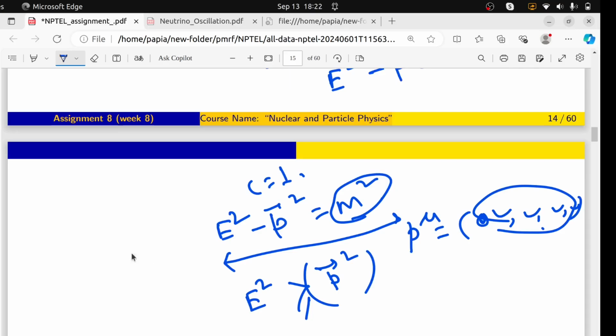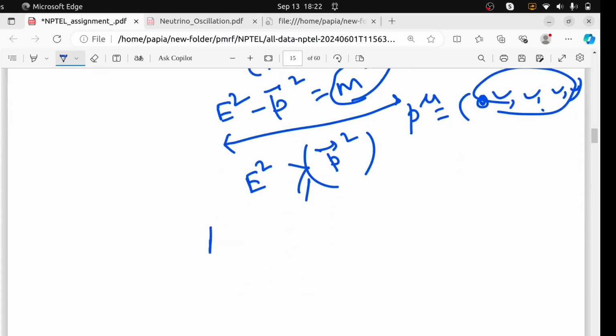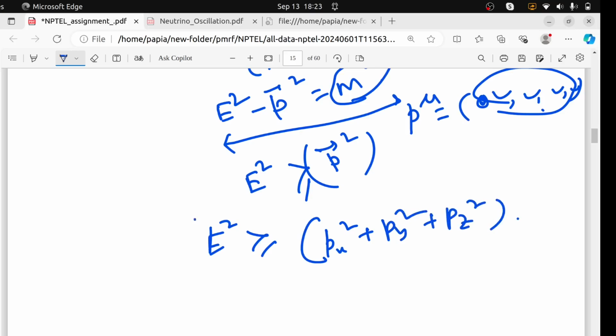So why am I telling you that? E squared should be greater than or equal to p squared: when m equals 0 it is equal, and when m is non-zero, E squared is greater than p squared. p squared means px squared plus py squared plus pz squared.